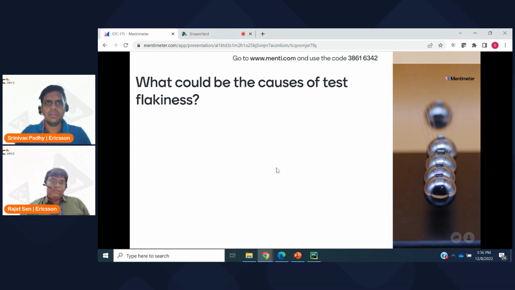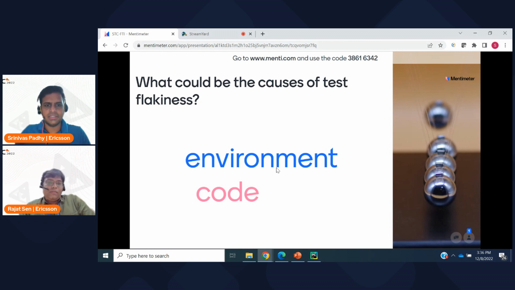There could be many causes like infrastructure problems, network issues, DOM related issues. UI cases are very brittle. So there could be synchronization problems. Yes, environment. Code, yes, test code could also be a problem.